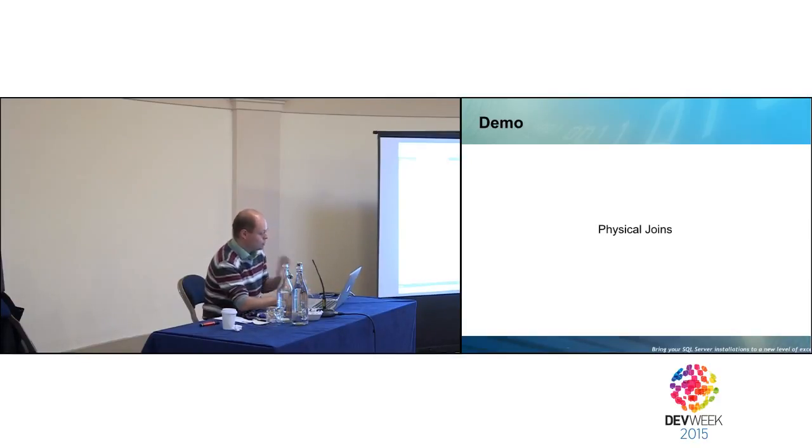I just want to show you what happens when the memory grant for such a hash join is too small. I create two tables here with 1,500 rows. And I'm hinting SQL Server for a hash join. When we execute, whoops.